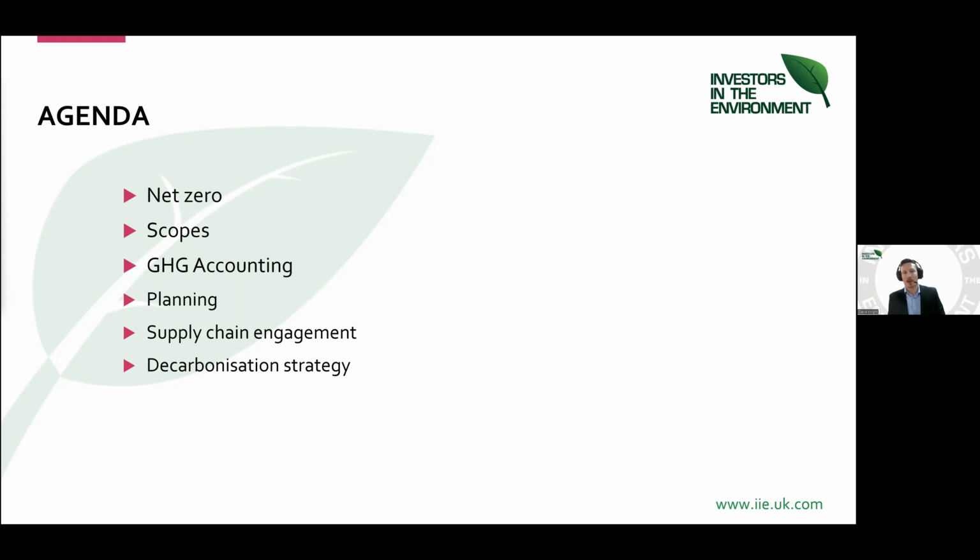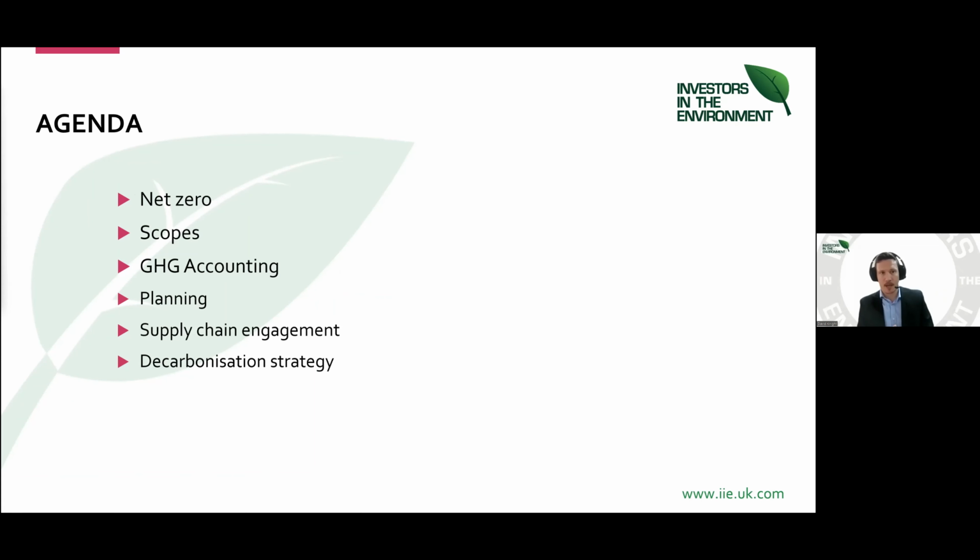So what I want to do today is go through concepts and introduce certain aspects to consider when we start to look at Scope 3 emissions. It's not going to be able to deal with each individual business. Realistically, that's something we should do on an individual level because you all have different needs. So this is just to give you a core overview of the different aspects around Scope 3 accounting, what to think about, and what to consider.